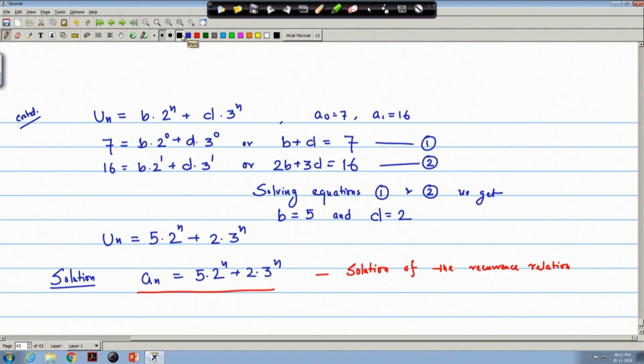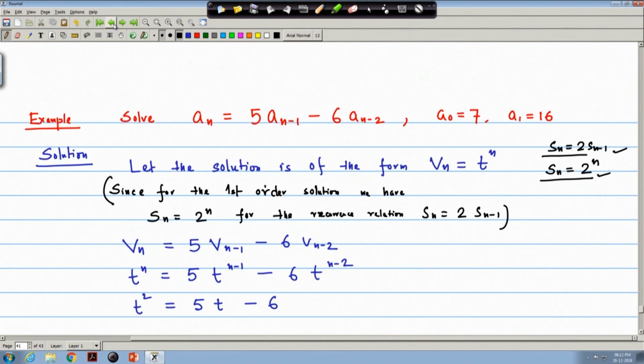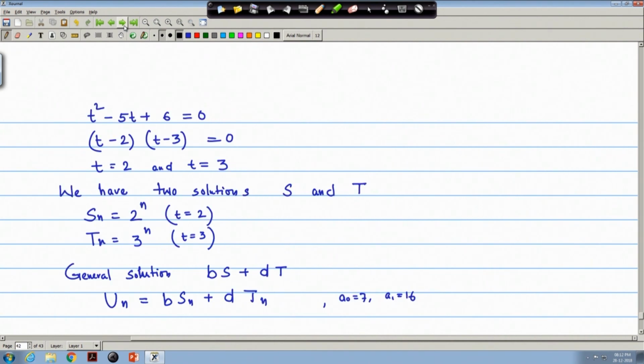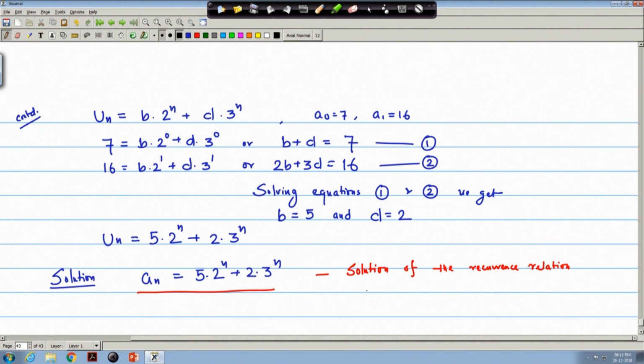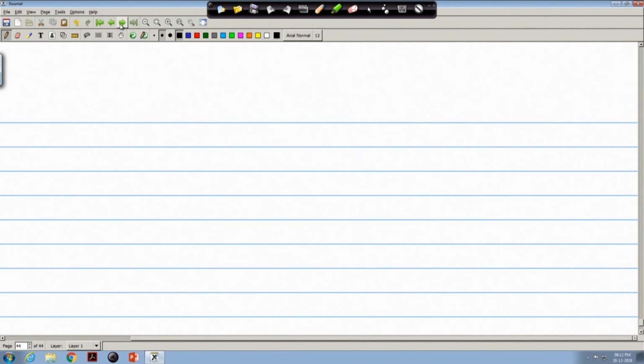We have taken the recurrence relation an equal to 5an minus 1 minus 6an minus 2. So, this is the solution technique of solving the linear homogeneous relation.